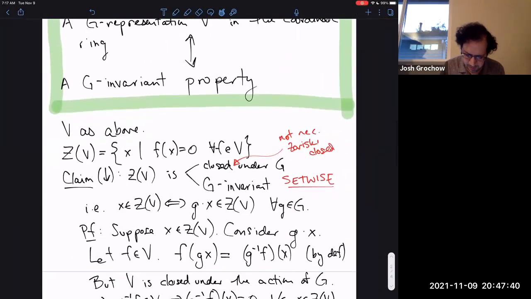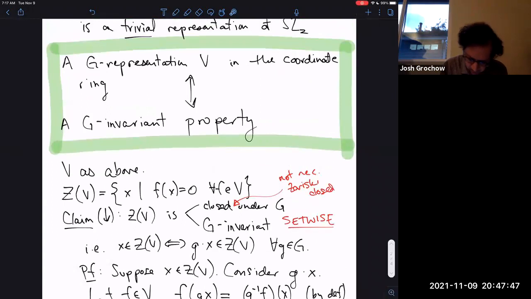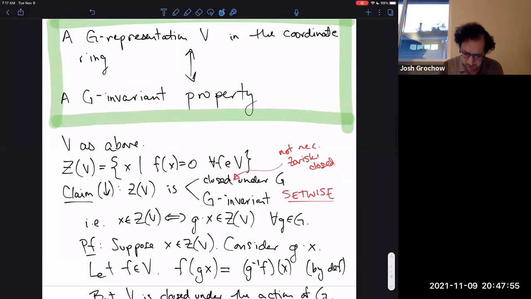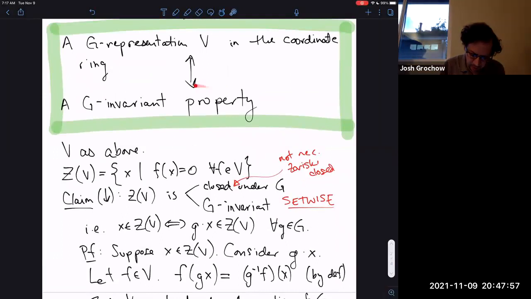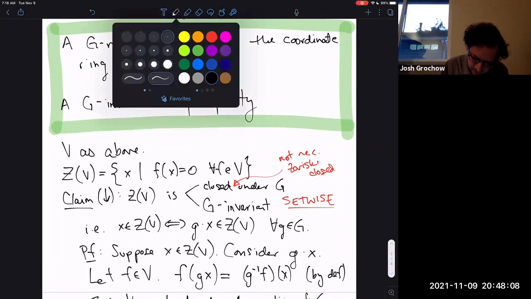And then in the other direction, sorry, I should have been a little more careful. Yes, good. I phrased it the way I wanted to. Okay, so in the other direction, we have to be a little more careful about, okay, what do we mean by property? Well, maybe what we should really say is a G invariant Zariski closed set, right?